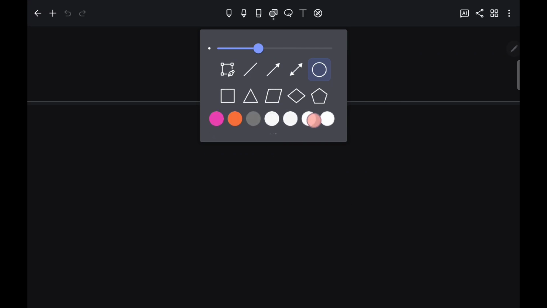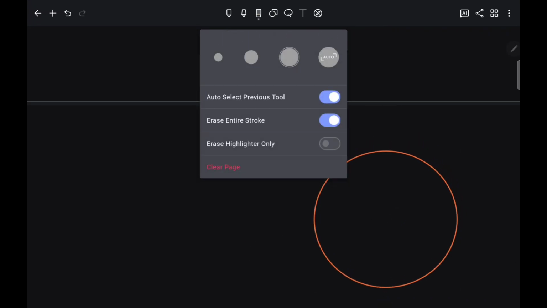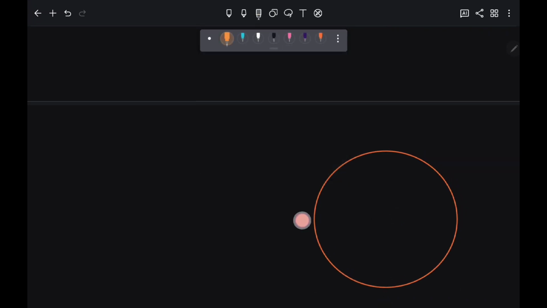First, let me draw the dome. This is the dome which is given.